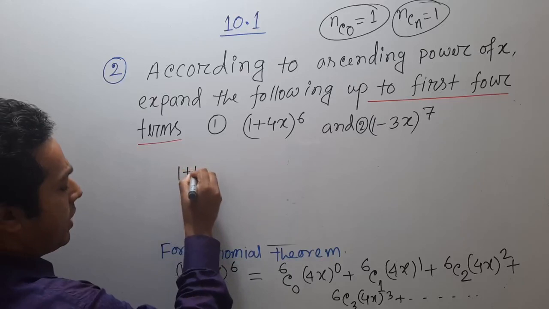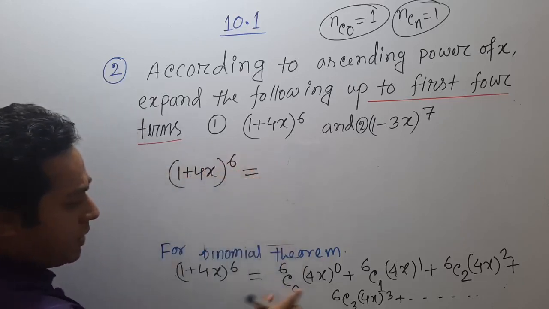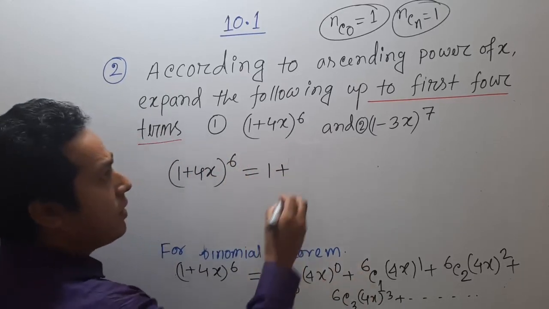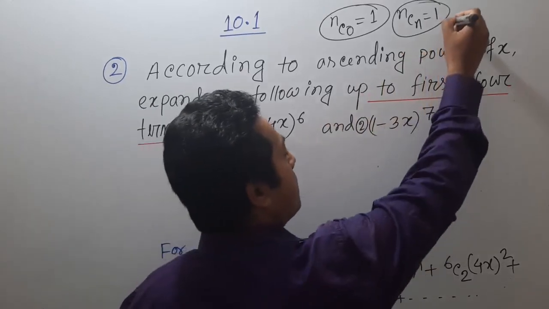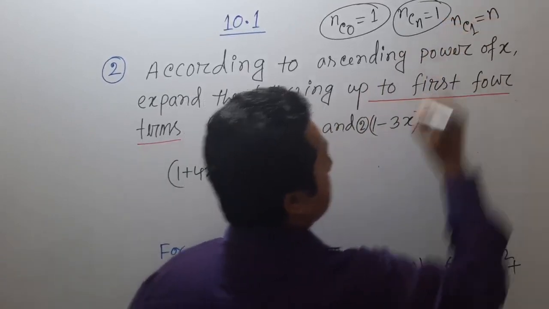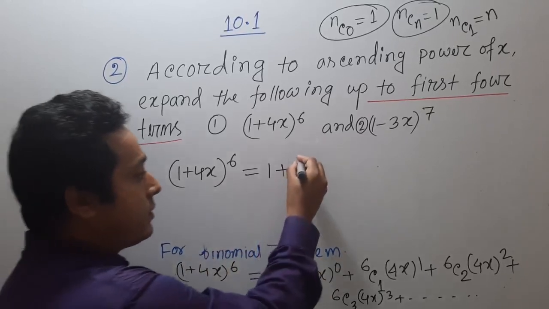So (1 + 4x)^6 is equal to 1 plus 6C1, and you have to remember nC1 is equal to n. So 6C1 is equal to 6, and 7C1 is equal to 7.